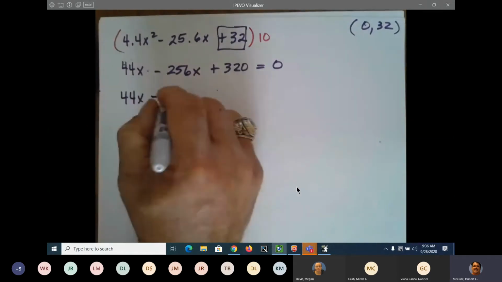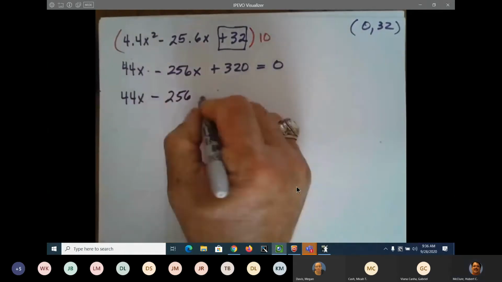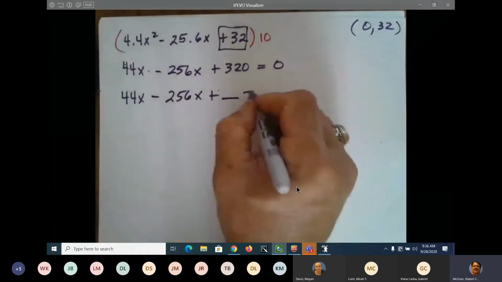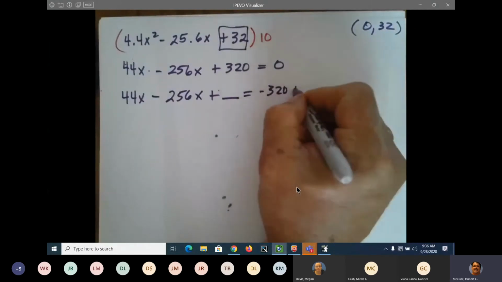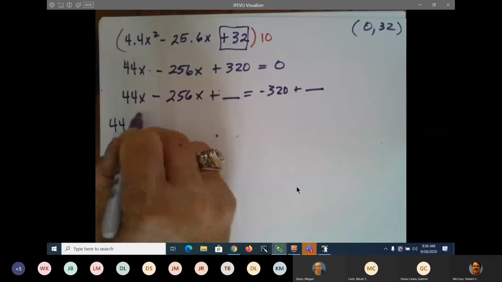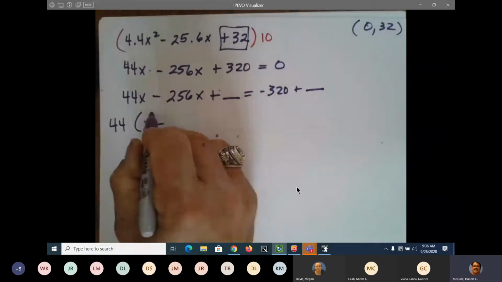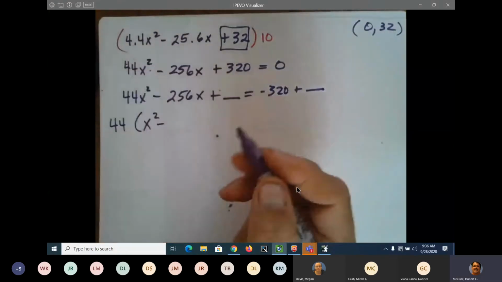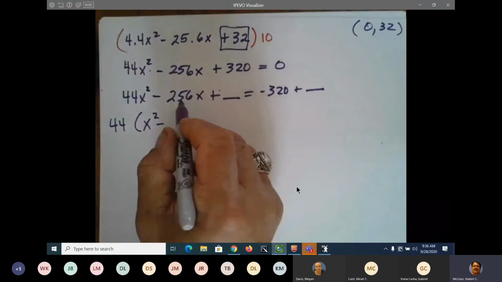44x squared minus 256x plus blank is equal to negative 320 plus blank. And then factor out a 44. Does 256 divide by 44?